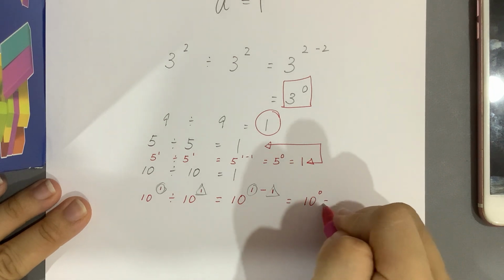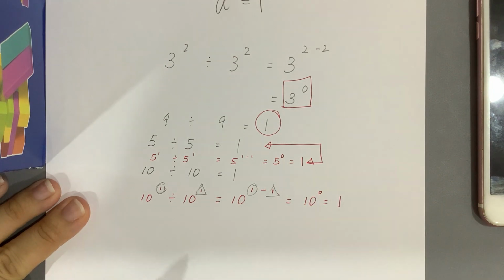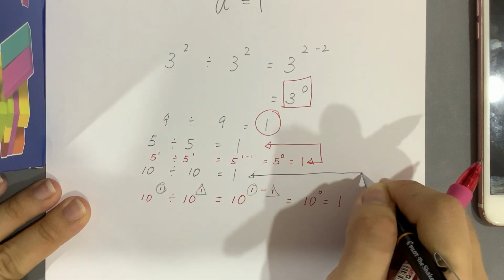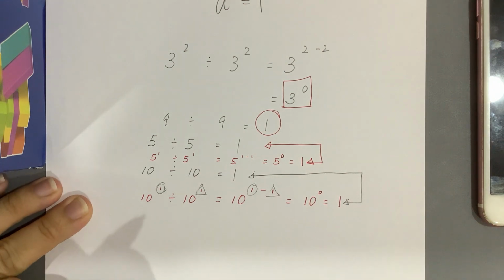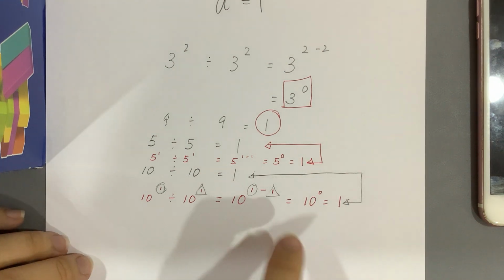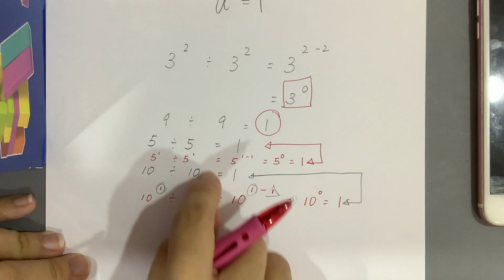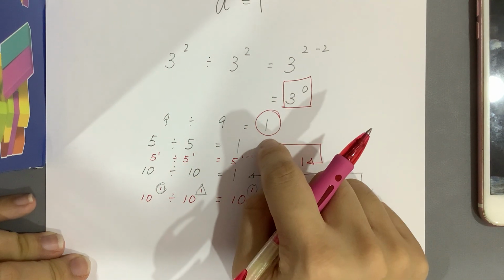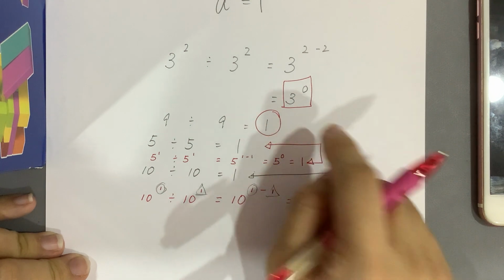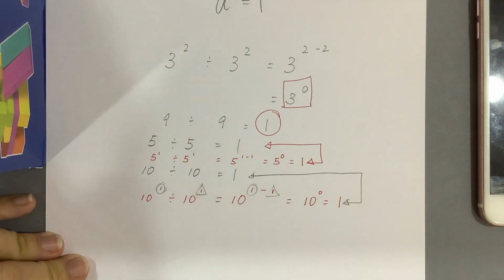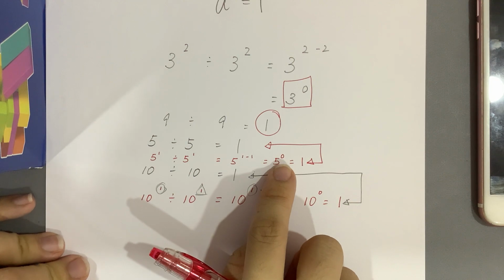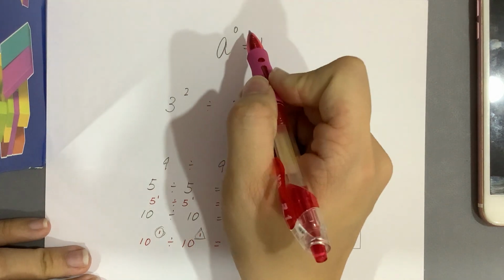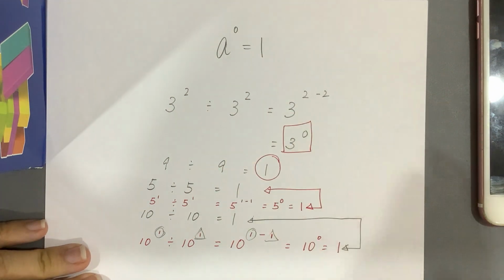So in this case, 1. Same. So I've proven to you that different bases will still give you 1 when the power is 0.